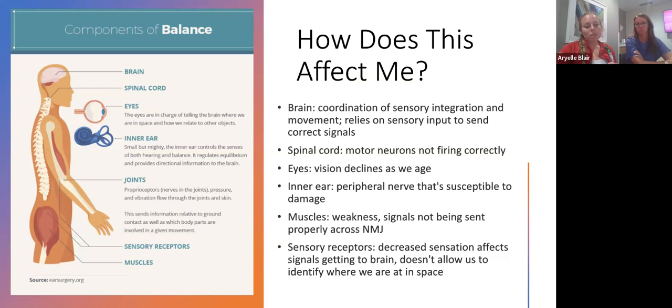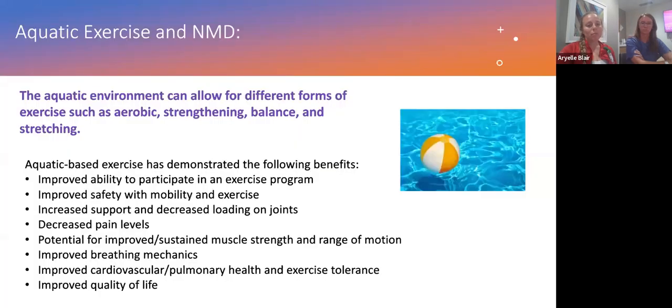And then sensory receptors: having decreased sensation from a peripheral neuropathy affects how signals get to the brain. And the brain can't do its job if it's not getting the right sensory input. So with a lot of these NMD diagnoses, the challenge is that the brain can't do its job because it's not getting all that right input. So it's really important to have a highly tailored balance program.